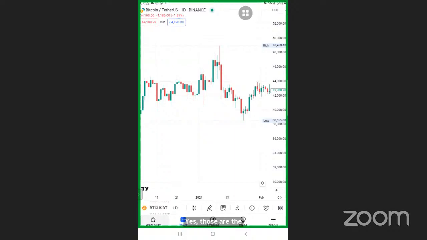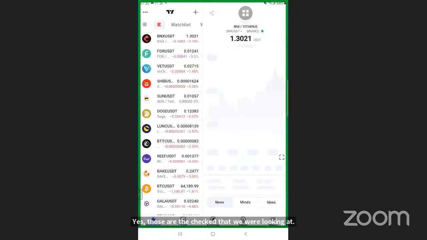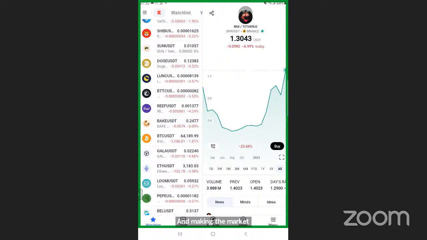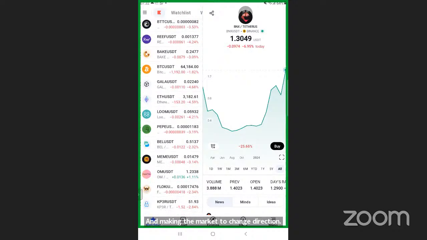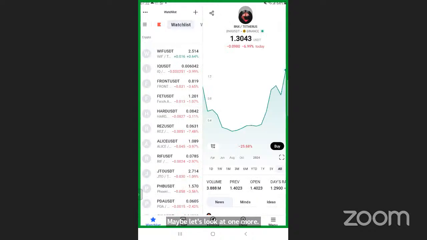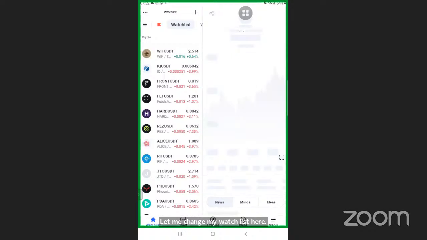Yes, those are the chart patterns that we were looking at. One of them you will see appearing and making the market change direction. Maybe let's look at one more. Let me change my watch list here and look at other pairs.